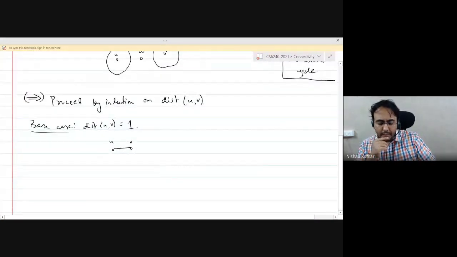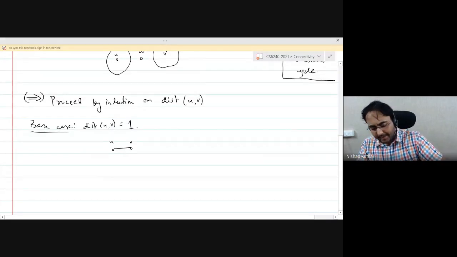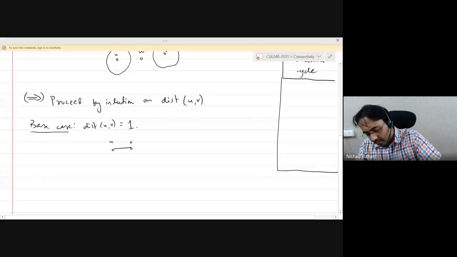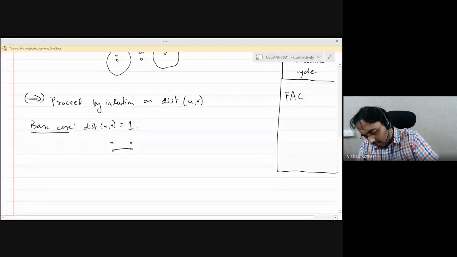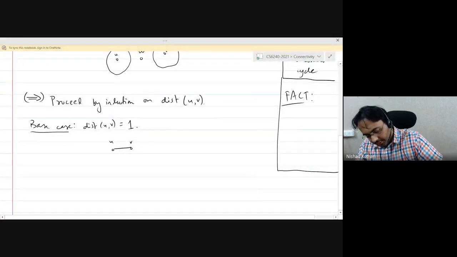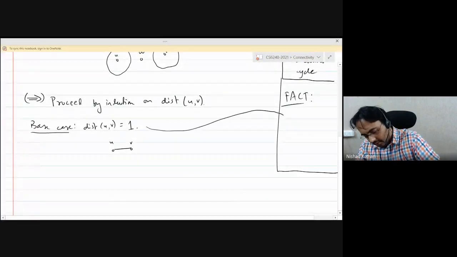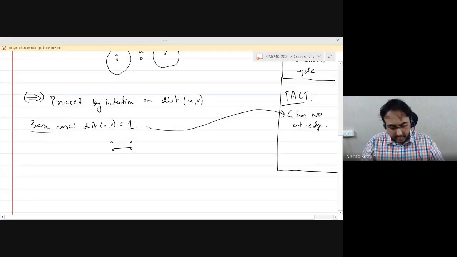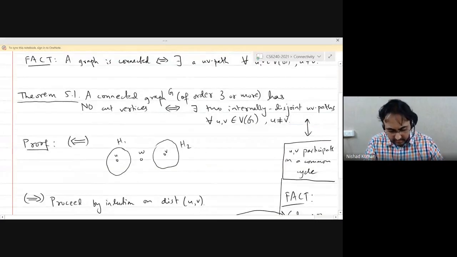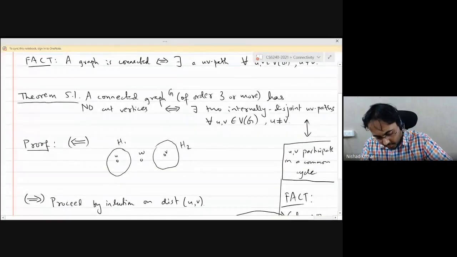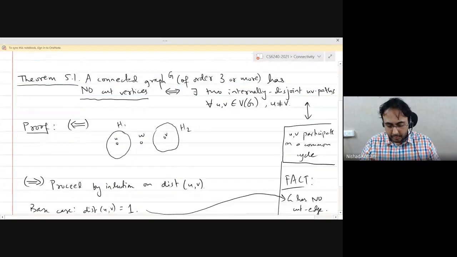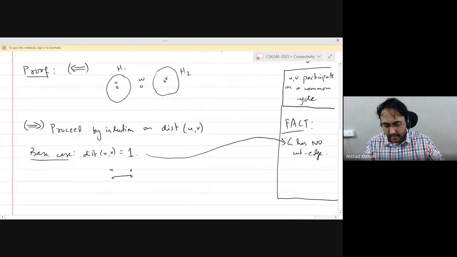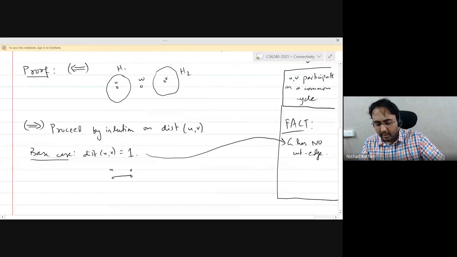Okay, so we're going to use a simple fact here, which is that the graph G has no cut edge. We are assuming that the graph has no cut vertex, and we want to prove that there are two disjoint paths. We will show that the graph also cannot have a cut edge.